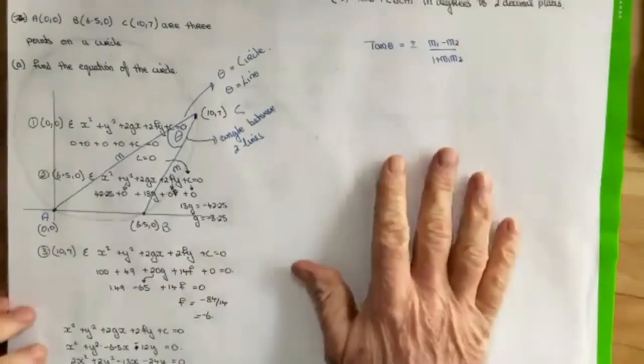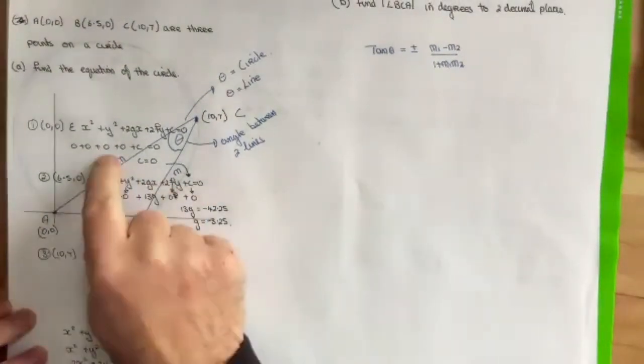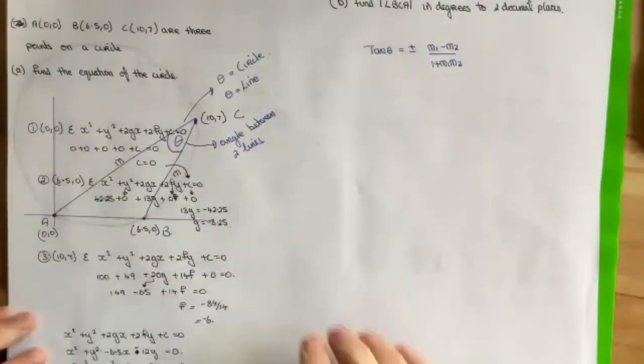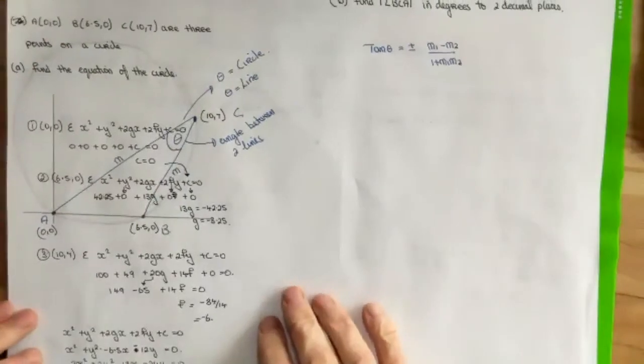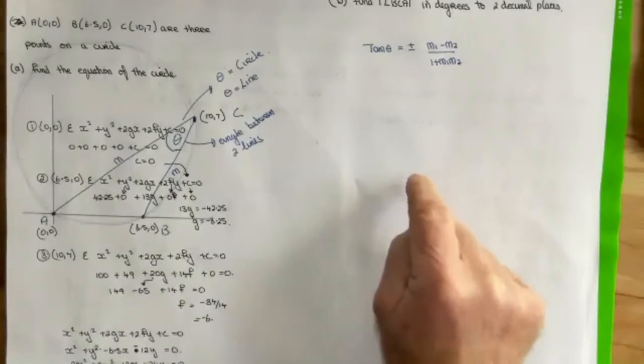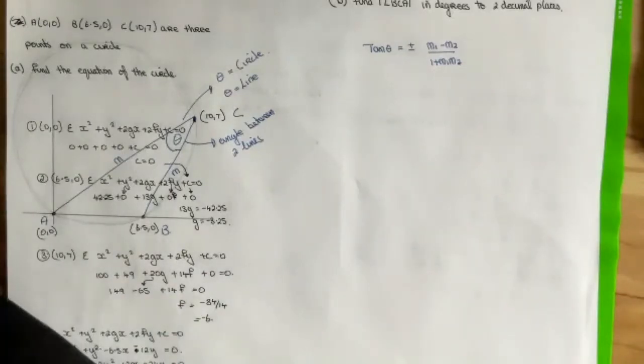So if you do this one now, angle between, you need to get the slope of both lines. You have 2 points. See, can you get the angle? And I'll take a break and I'll answer any of your questions now. So if you do this one for me, okay, off you go.